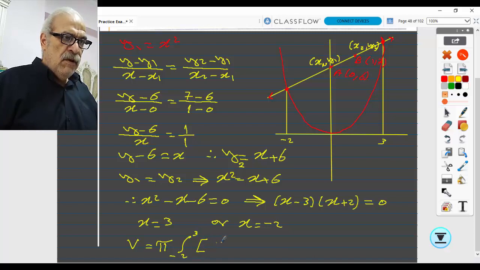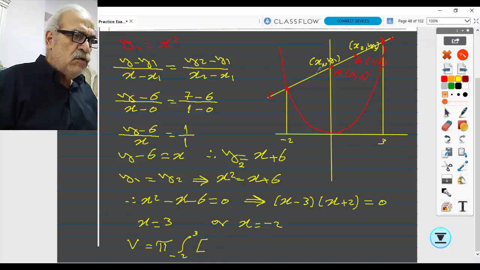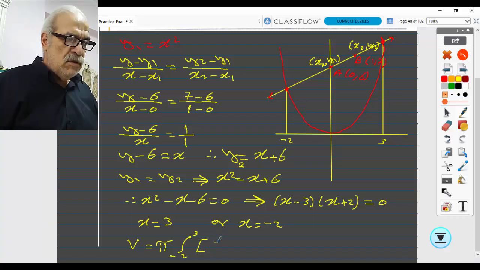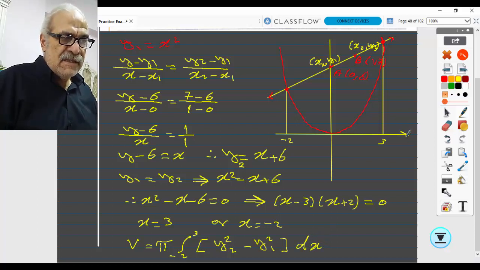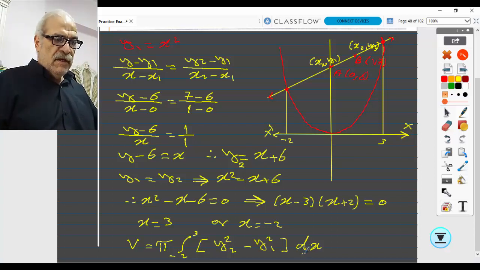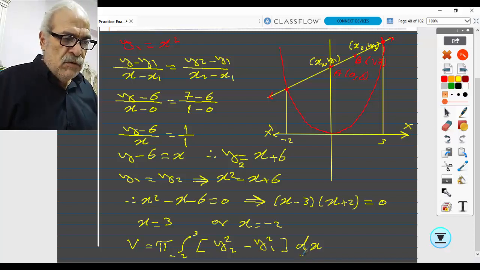Okay, y2 it is above y1, so we write y2 square minus y1 square with respect to x. Here is the revolution about x-axis. So the integration will be with respect to x.